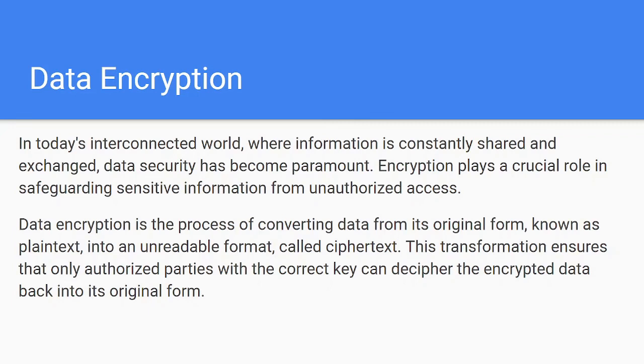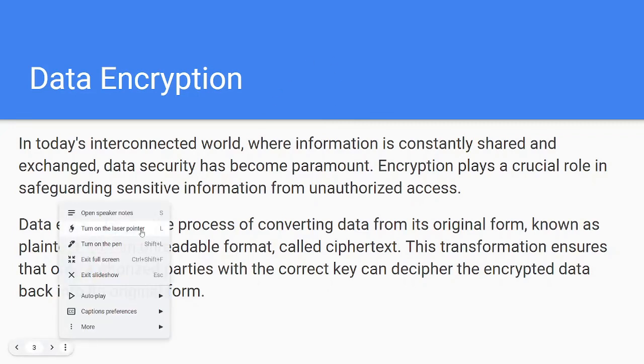Data encryption is the process of converting data from its original form, known as plain text, into an unreadable format called ciphertext. This transformation ensures that only authorized parties with the correct key can decipher the encrypted data back to its original form.